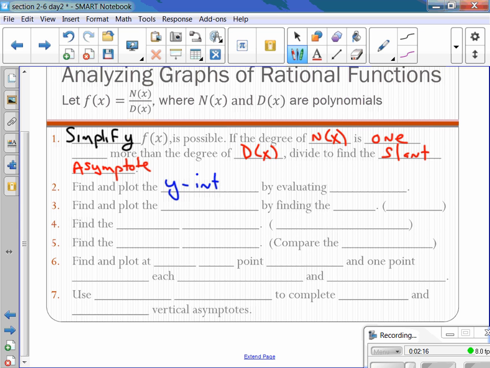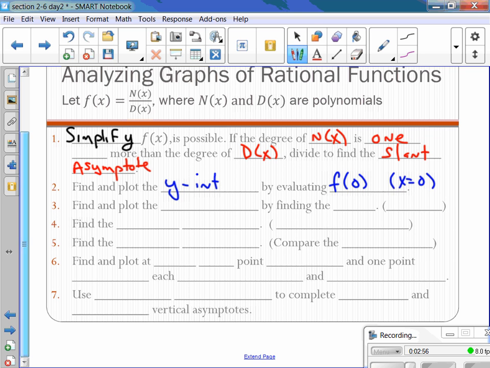How do you find a y-intercept? When you find an intercept, folks, you just set the other variable equal to 0. As Michael said, find the y-intercept by evaluating f of 0, which is the same thing as when x equals 0. You guys are overthinking stuff here.